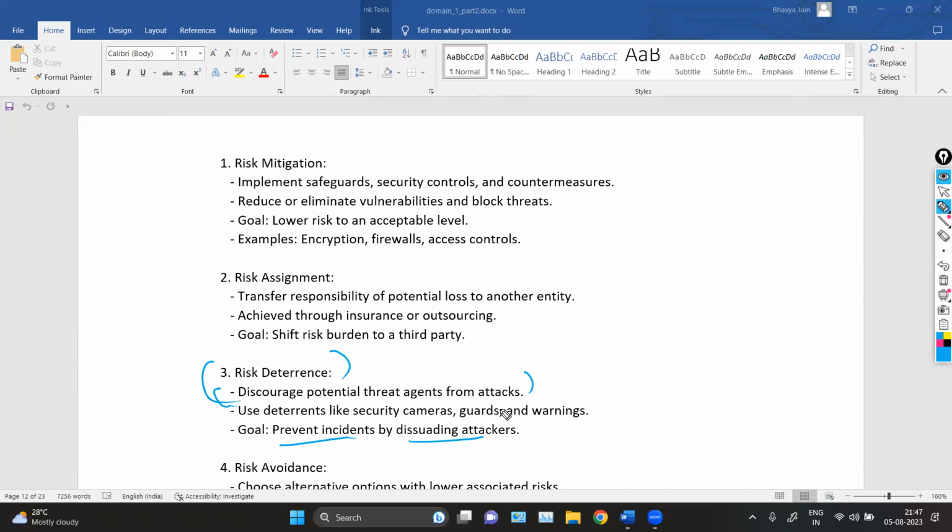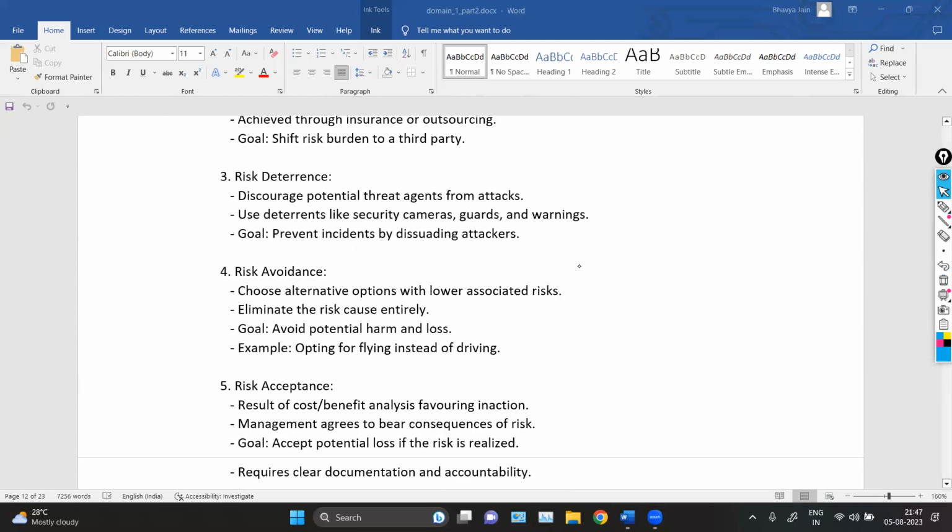Okay, let's say we are putting posters everywhere about the impact of the risk or the consequences if you are not following the policies. So you are spreading awareness, you are using security cameras, you are using network monitoring tools for deterring the risk. Okay, which is like taking prevention steps for reducing the risk.